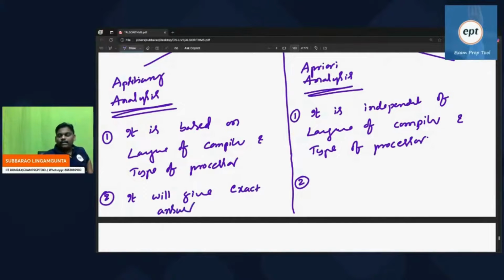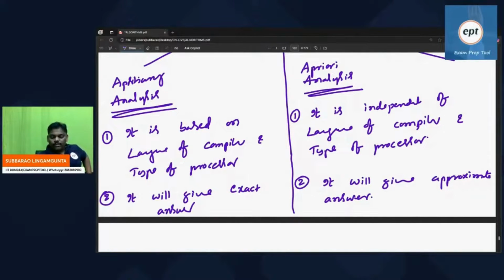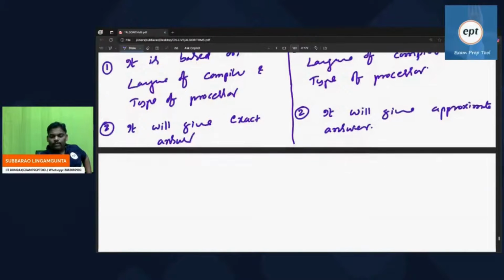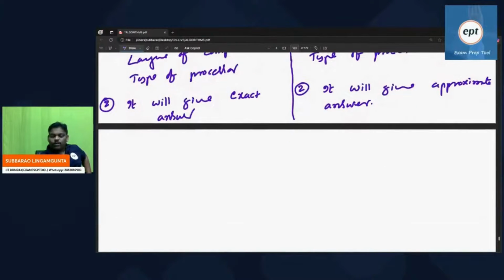But because the other is not taking real things into consideration, it will give approximate answer. It will give exact answer, but it will give approximate answer. Okay, that is also okay.